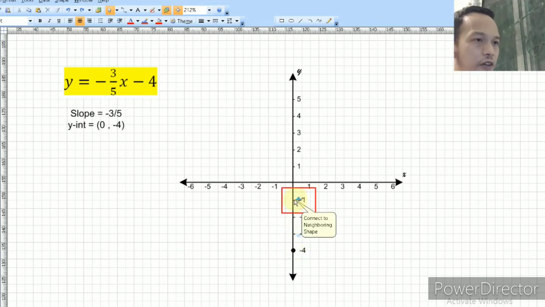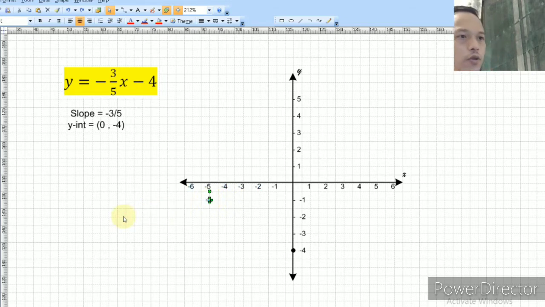And then 5 units you go left, 1, 2, 3, 4, 5. So here is the coordinate of the second pair, which I will plot. Since I know that this is my second pair and this is my first pair, I just connect them with a line, and that is the graph of this function.